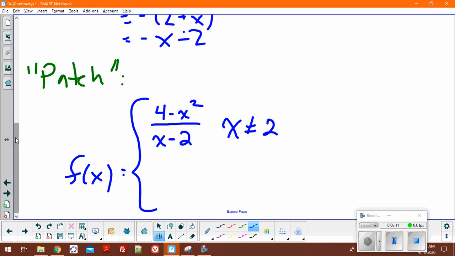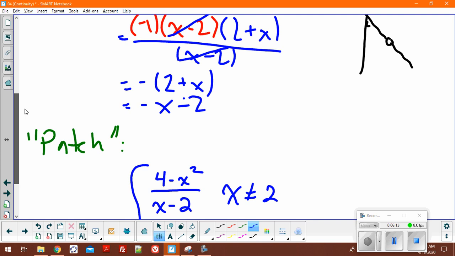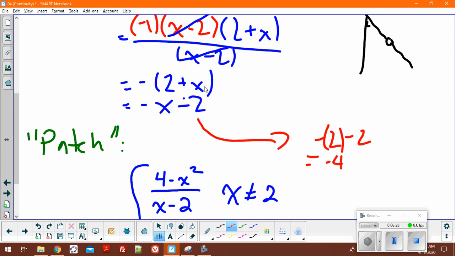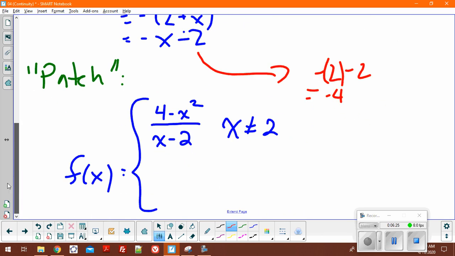And then where the hole is, I need to figure out where that point should be. So I'm going to briefly jump up to this part for a second. If I plug in 2, -2 minus 2, so that's -4. So if I want my function to work the way it's supposed to, I'll say my function equals -4 when x is equal to 2.